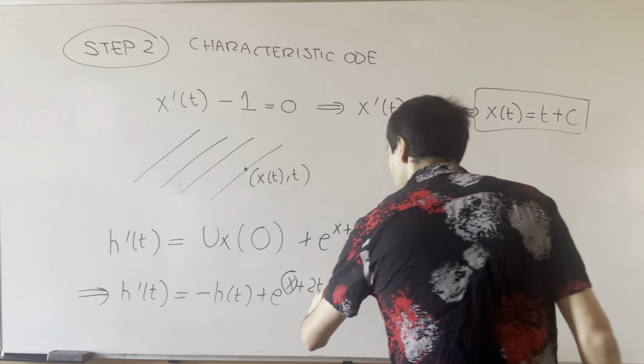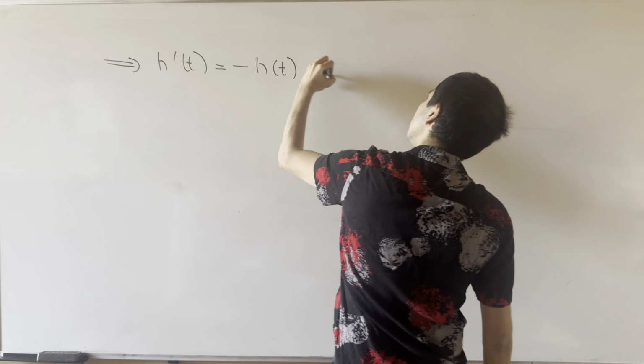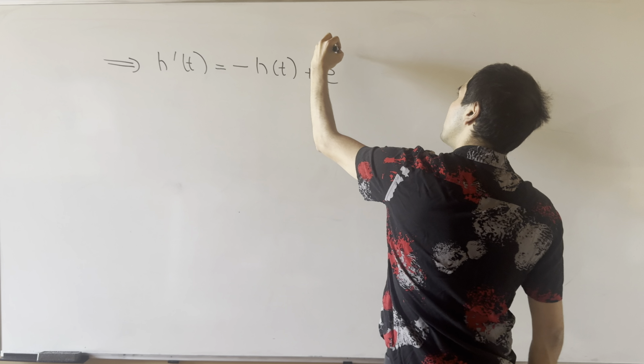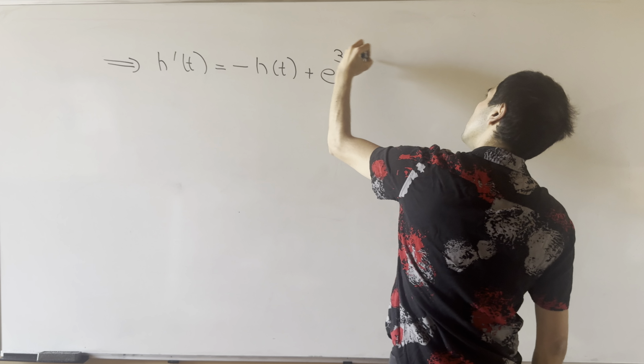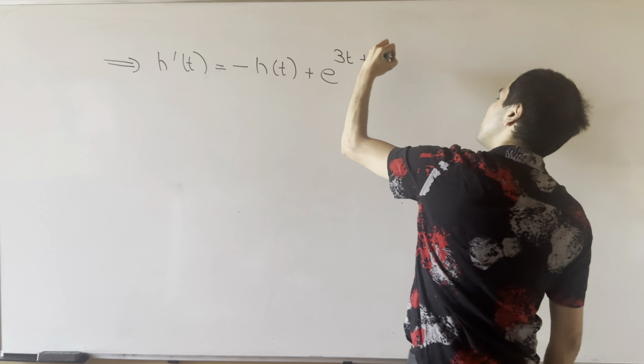So we get what's called a second characteristic ODE, which in this case is h'(t) = minus h(t) plus e^(3t+c). Let me check. Yes. And now, this is another characteristic ODE which we can solve.